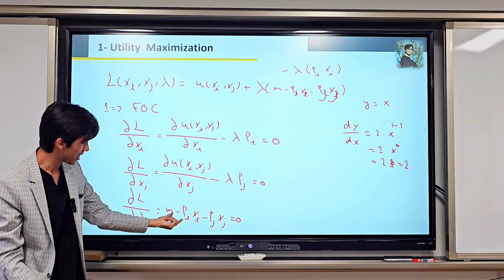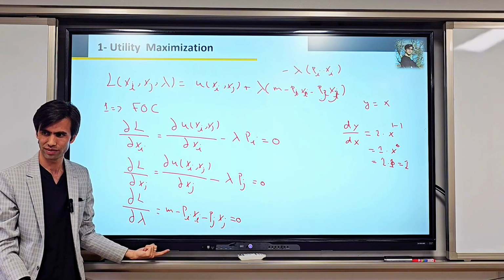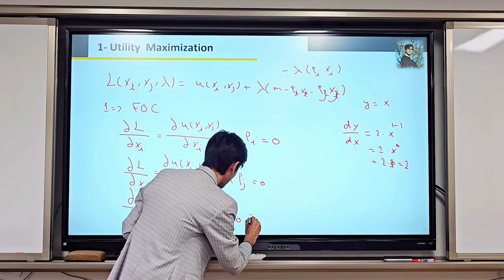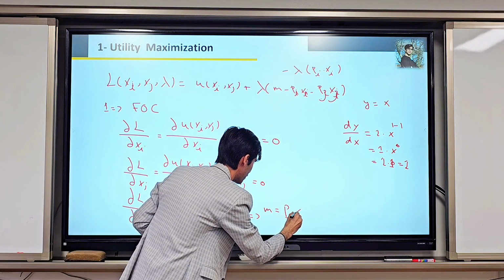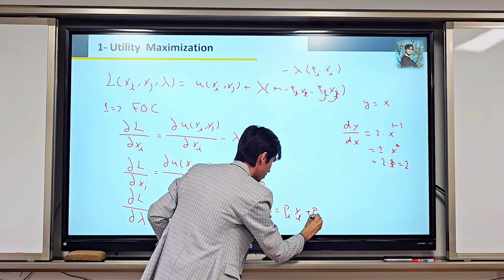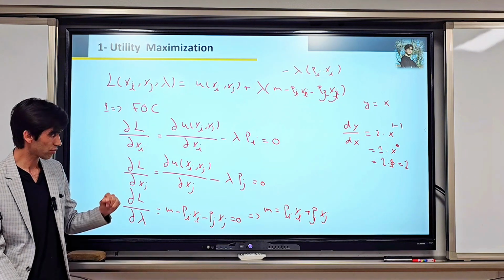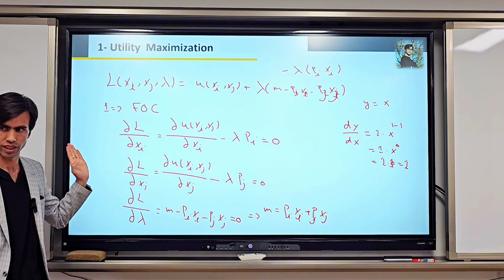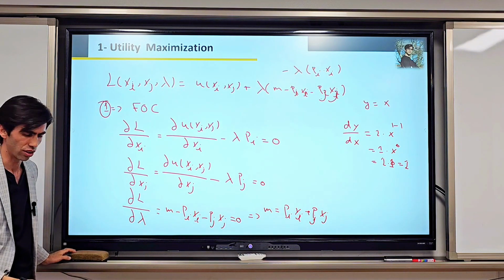As you see here, this is the same as our budget constraint. Why is it the same as the budget constraint? Just keep it like this: m is equal to pi xi plus pj xj, exactly our budget constraint. So this is the first step: to take the first order condition.